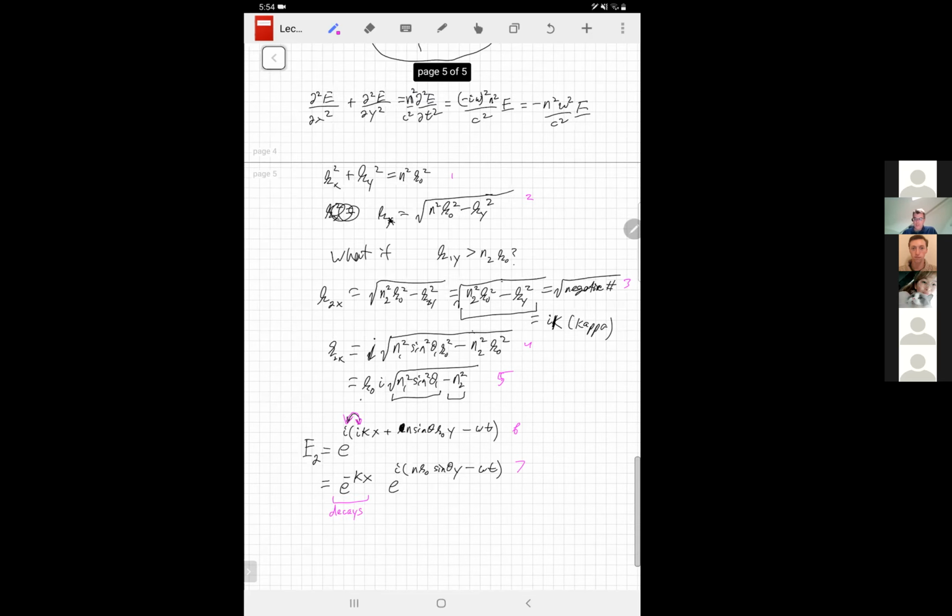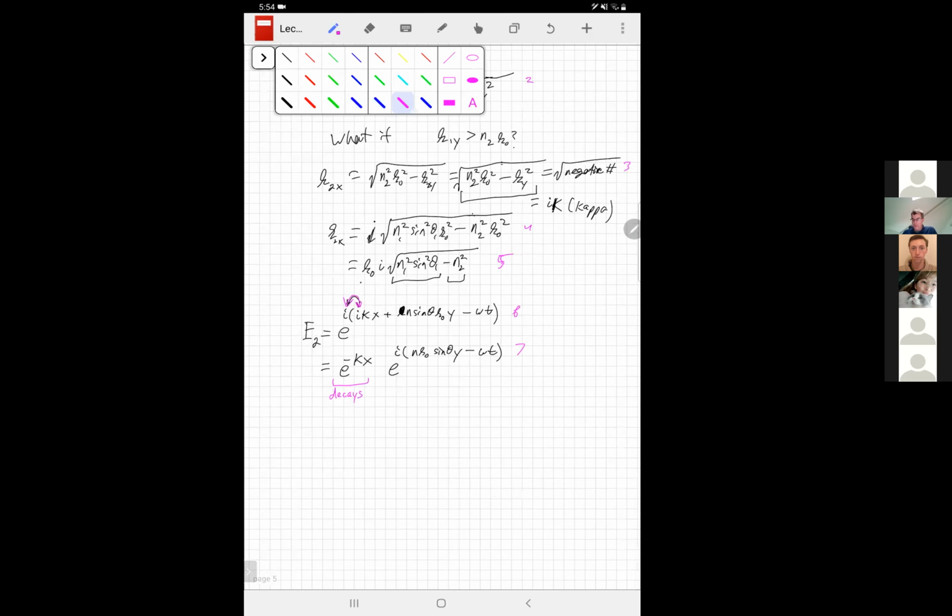So we've got this exponentially decaying field. Now these numbers all up here, we're going to have like 1.5 squared.